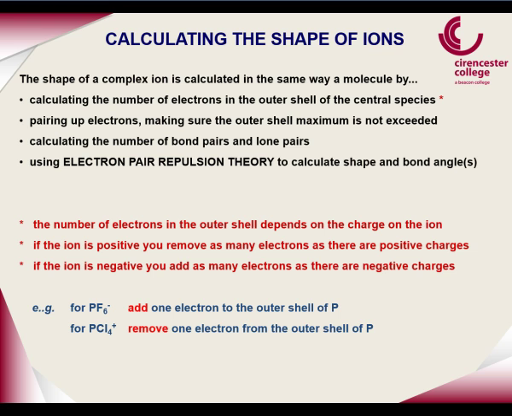It is of course quite important that you can predict and calculate the bond angle and the shape of molecules and ions. I like to look now at what is happening with ions.